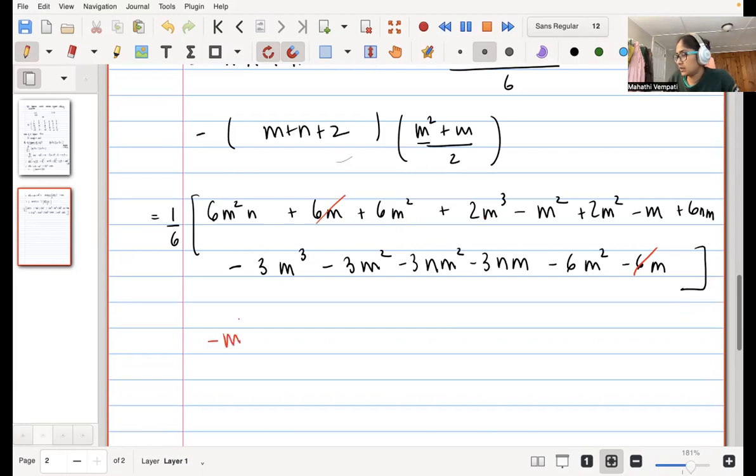No. Minus m cubed, 6m square minus 6m square. Oh shit.